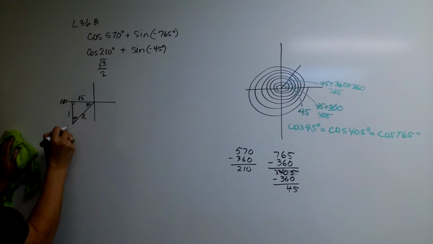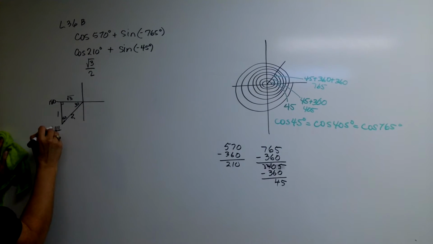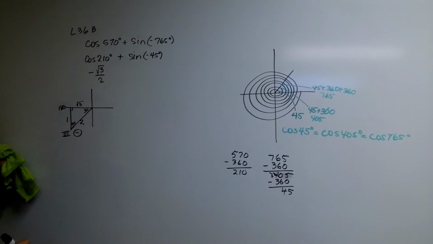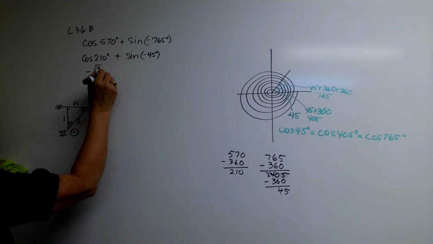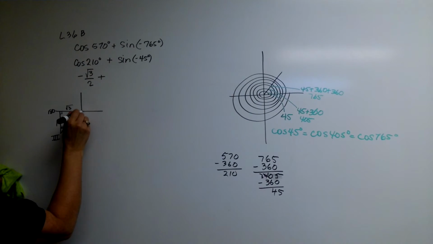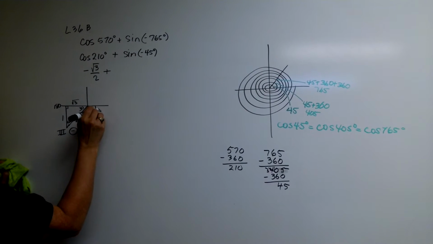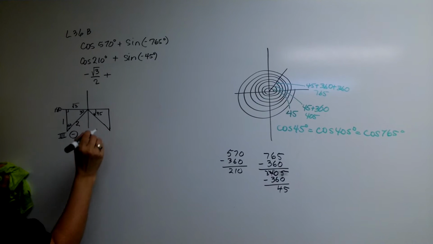The cosine in the third quadrant is negative. So that's negative square root of 3 over 2, plus, I've got negative 45, which puts me in the fourth quadrant.